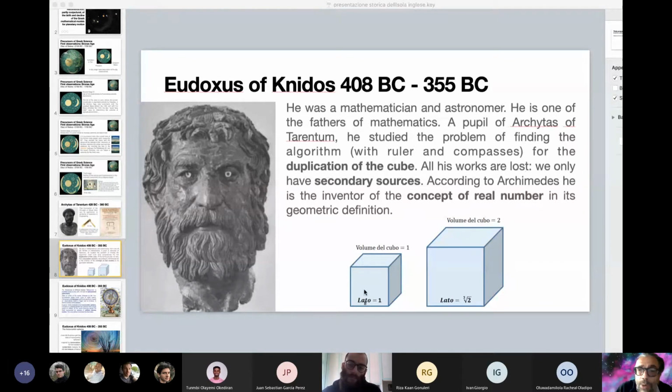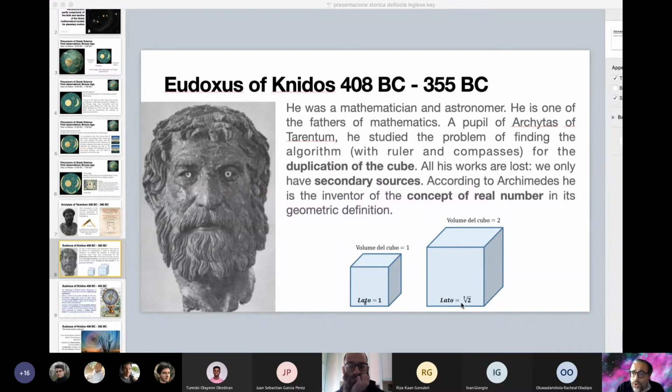Actually, he wanted to find an algorithm, a sequence of steps for constructing the cubic root of 2 using ruler and compass. Why? Because the computing tools used by Greek scholars were rulers and compasses.